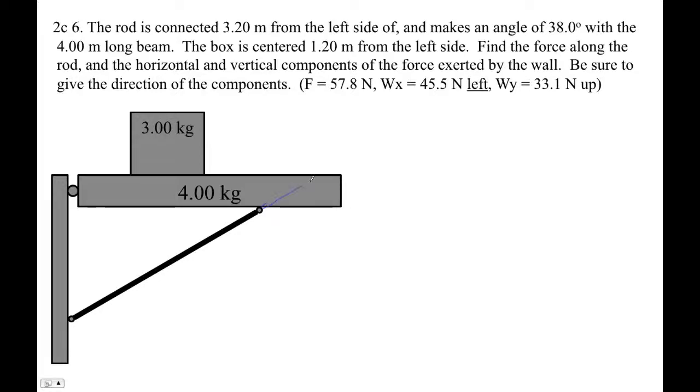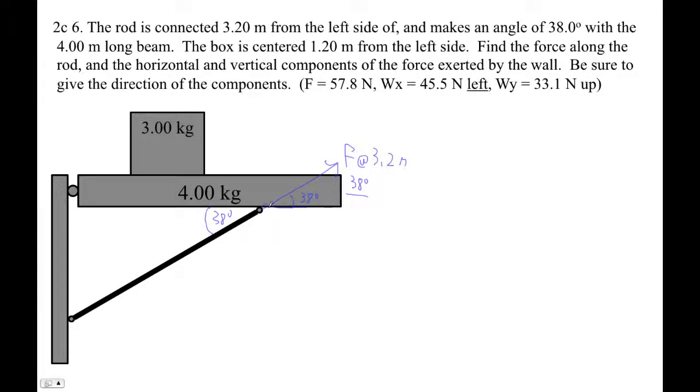Let's see if I can draw this that way, right? This angle is 38 degrees, so this angle here would be 38 degrees. So that unknown force is at 3.2 meters, and it makes a 38-degree angle with the rod, okay?